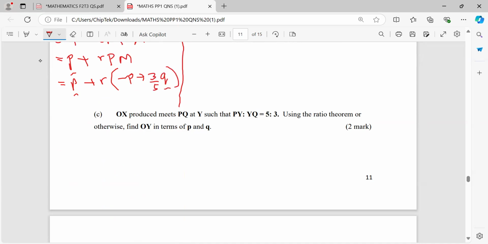So negative P ukifungua, hii ni R times negative P ni negative RP. R times positive 3 over 5Q ni positive 3 over 5 RQ.